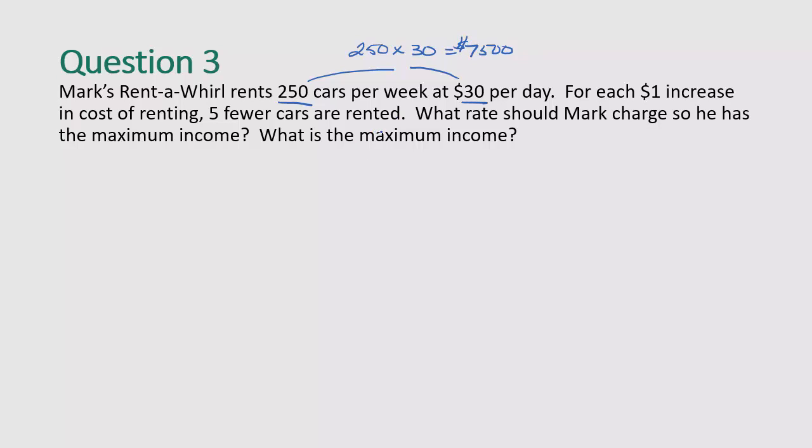And he wants to increase his rates so that he can get the maximum amount of income possible. Because when you're selling stuff, it reaches a point where it's too expensive and people don't want to do it anymore. So there has to be a maximum point somewhere. So we have to define our variables. So let x equal the cost increase.